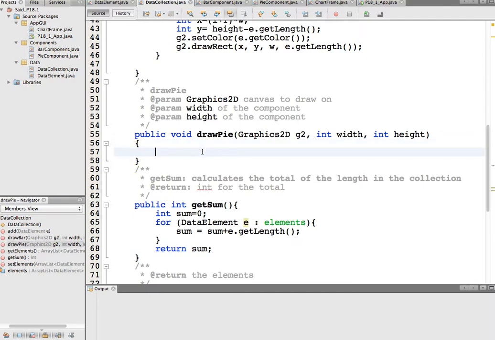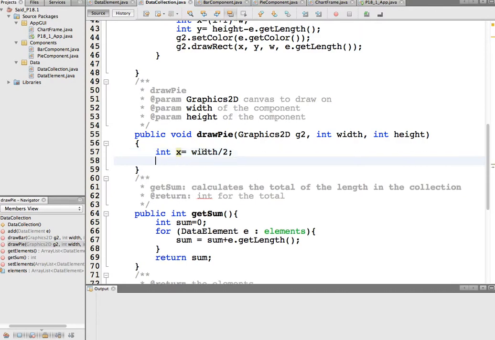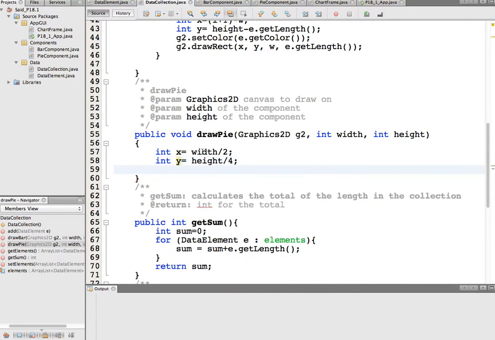Now in the draw method, we'll define the x. So we'll say the x will be the width divided by 2, and define the y, and we'll say that the y equal the height divided by 3, or I'll make it 4 to leave some more room. And then we'll get the sum.